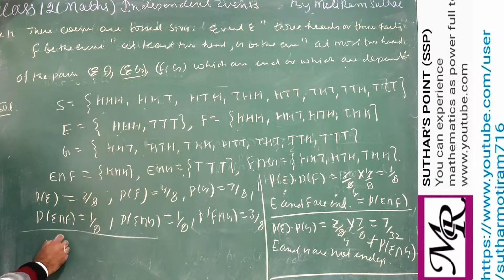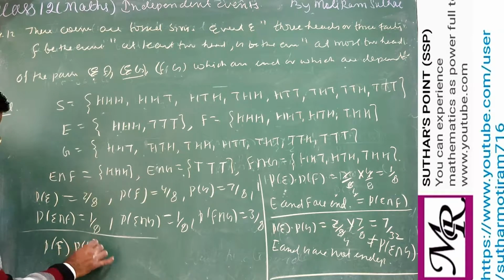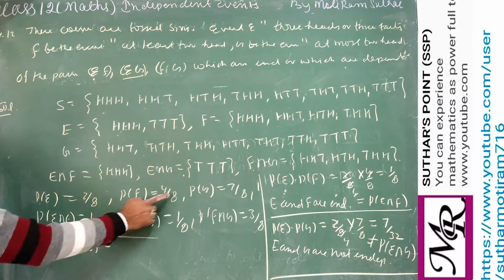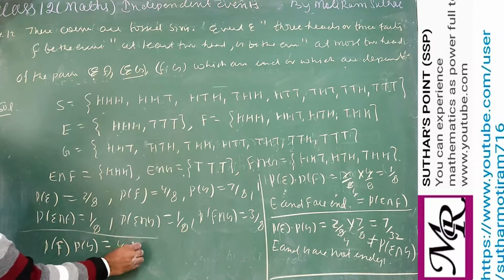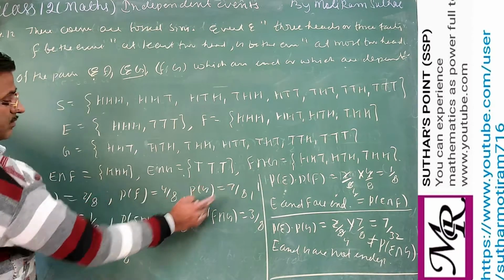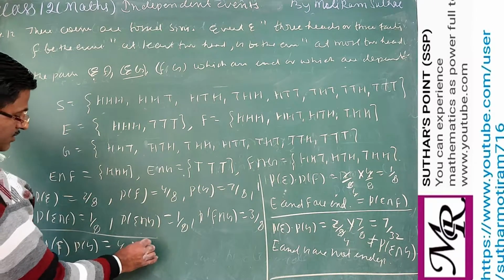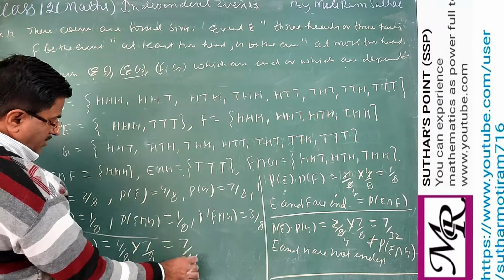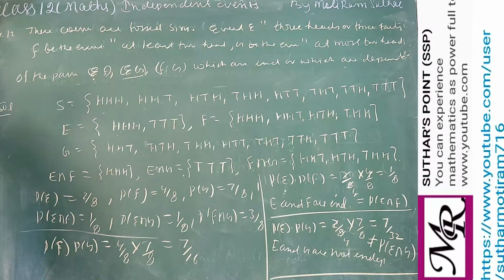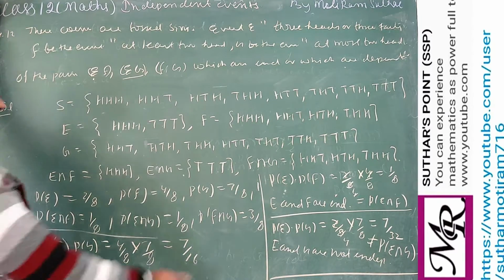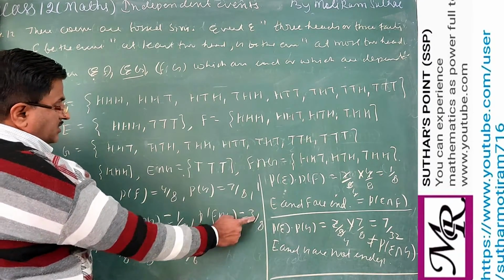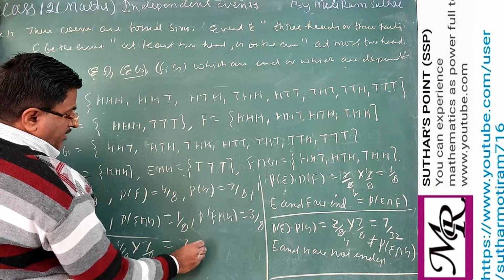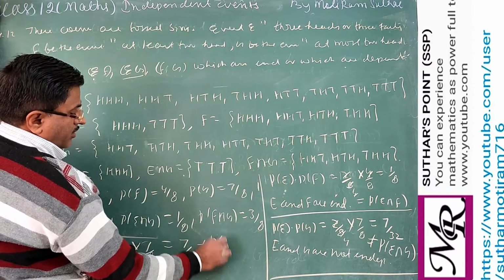Similarly, you check for the third, F and G. So probability of F into probability of G. Probability of F is 4 by 8 and G is 7 by 8. So multiply 1 by 2 times 7 by 8, that is 7 upon 16, which is not equal to P(F intersection G), 3 by 8.